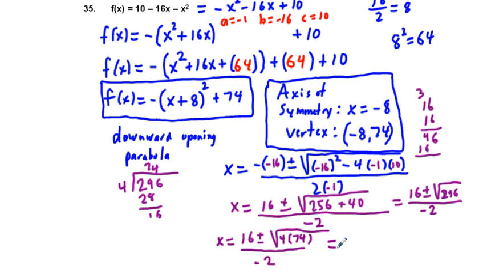What that simplifies to, we take the 4 out of the radical, and we have 16 divided by negative 2, which is negative 8, plus or minus 2 over negative 2, so plus or minus the square root of 74.